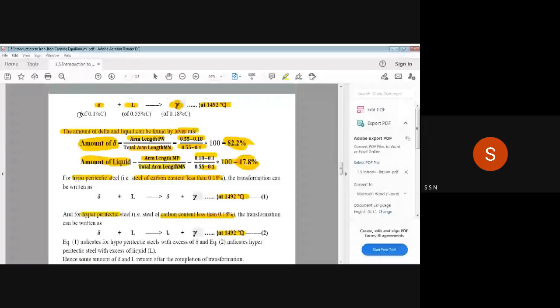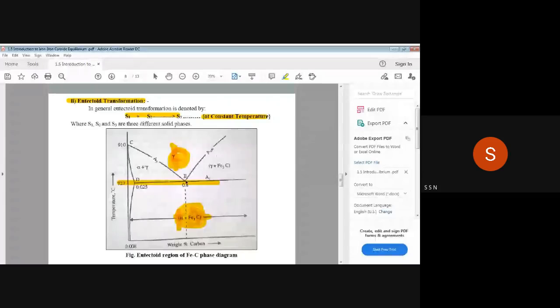Here also, the percentage of carbon for this gamma, as you can observe in the diagram, must be 0.8% carbon. At constant temperature this transformation starts, and if you cool below it, you will get two different solids. So the percentage of carbon is 0.8% for this gamma.